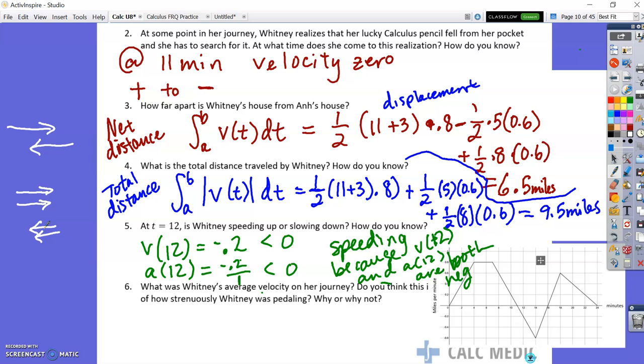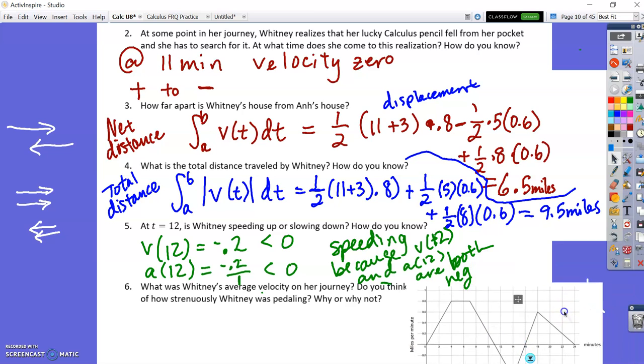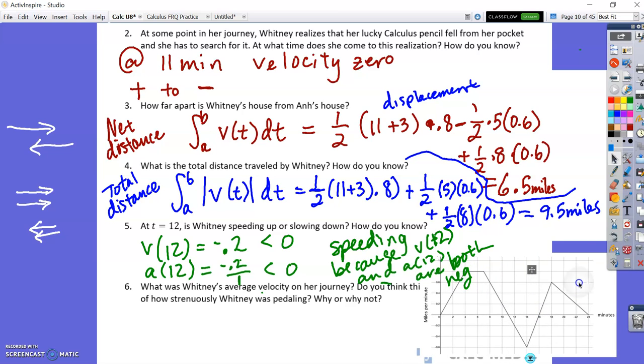And then number 6, what was Whitney's average velocity on her journey? Do you think this is an accurate measure of how strenuously she was pedaling? Why or why not? So average velocity, we talked about this the other day. You don't need to do it the long way.